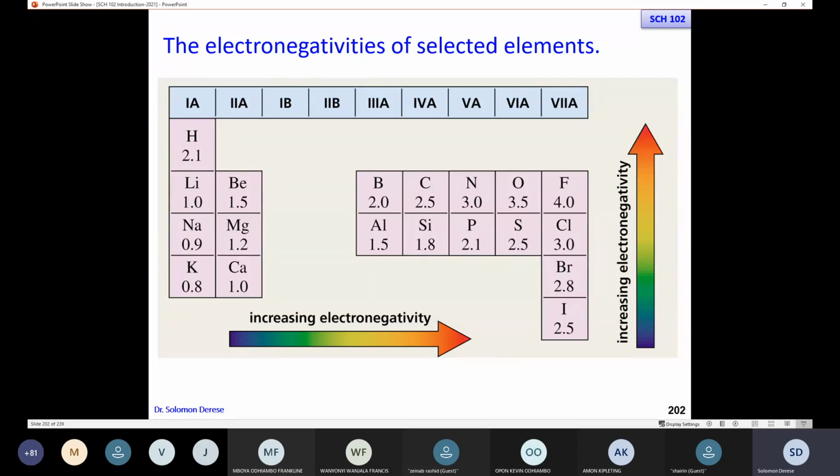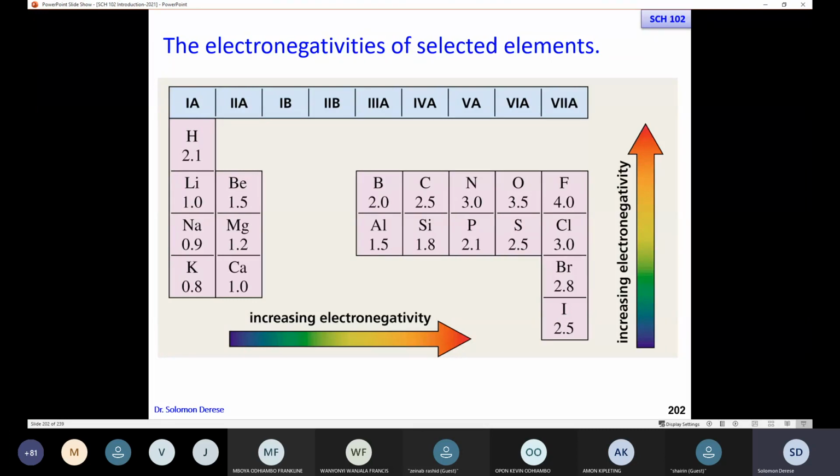So you can easily tell in what way a chemical bond is polarized, since you have a rough idea of the position where these elements are found in the periodic table. For organic chemistry, you do not have to know the position of all the other elements.